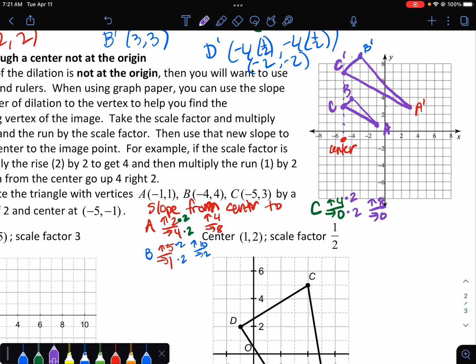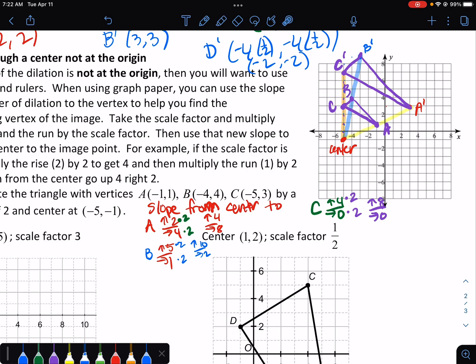And I can do some quick checks to make sure that I haven't royally messed up anything, right? So those look parallel. These look parallel. These look parallel. I can check that a line from the center through the corresponding vertices makes collinear lines, or are collinear.